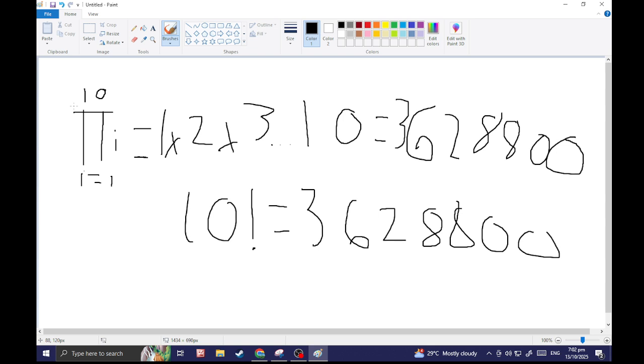But what if we get i squared? Alright, this is a little bit hard, so I'm gonna reduce this to 5.